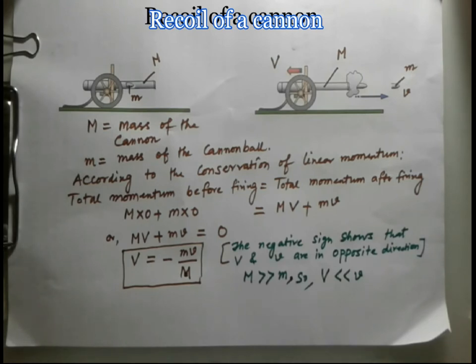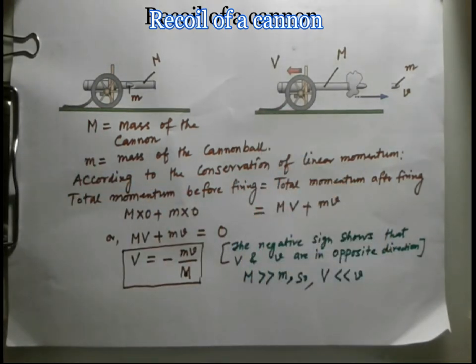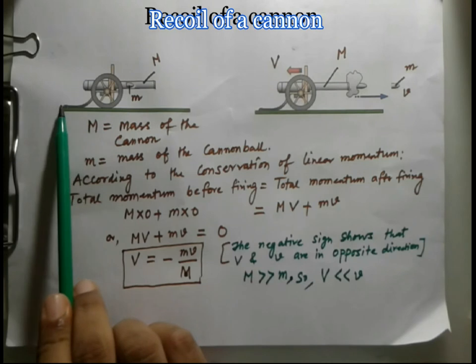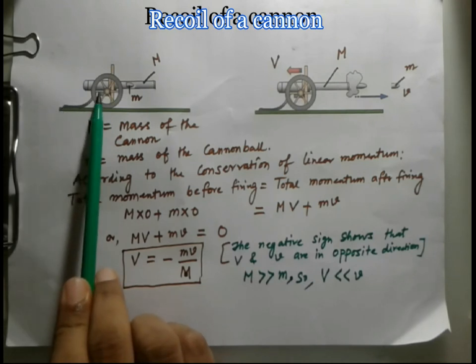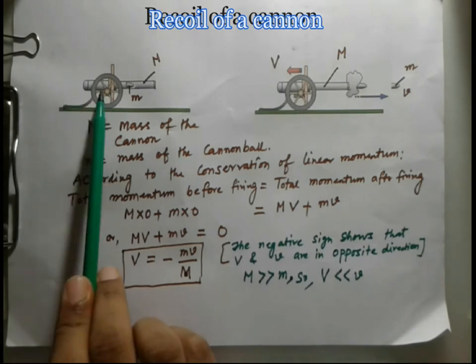A very important part is that in the case of a gun firing a bullet, the gun is fixed tightly against the shoulder so that the person firing does not get hurt by the recoil. In the same way in the case of a cannon, to prevent more recoil, it is fixed with the ground, so that if it recoils it will not go far.